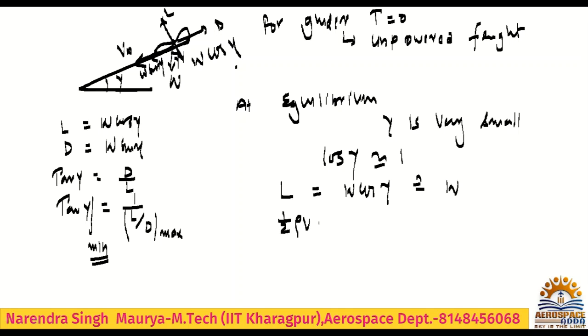Half rho V square S into CL is equal to W. Yes or no? Now here you can write V square is equal to 2W divided by rho S CL. Now, what is the velocity?